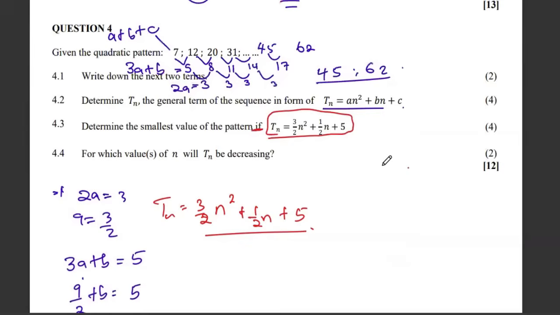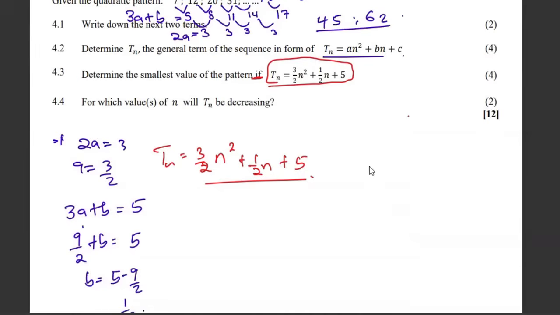Now, when they ask for the smallest value, they are technically looking for the minimum value. Now, how do we determine the minimum? All we have to do is get negative b over 2a. So that is negative a half divided by 2 times 3 over 2.